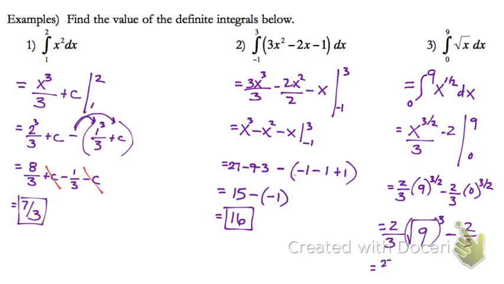So this is 27 times 2/3 minus 2/3. 27 times 2 is equal to 54. So this is 54/3 minus 2/3. And then 54 minus 2 is equal to 52. So the final answer is 52/3.